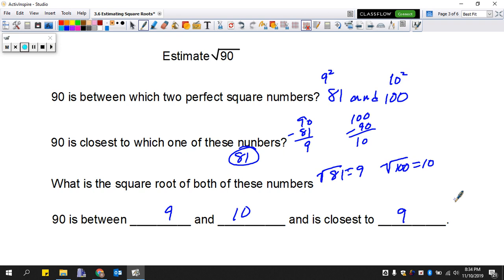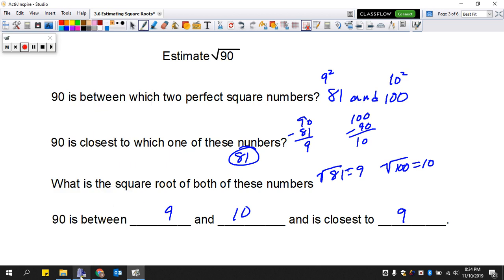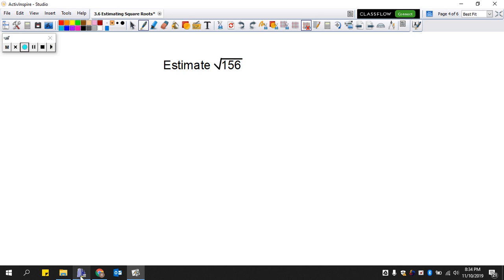Just to show how close it is, if I open up my calculator and find the square root of 90, I'll bet it's going to be really close to 9.5. It is. It's 9.48, which rounds to 9.5. So this is a really quick way to estimate between which two numbers it's going to be.